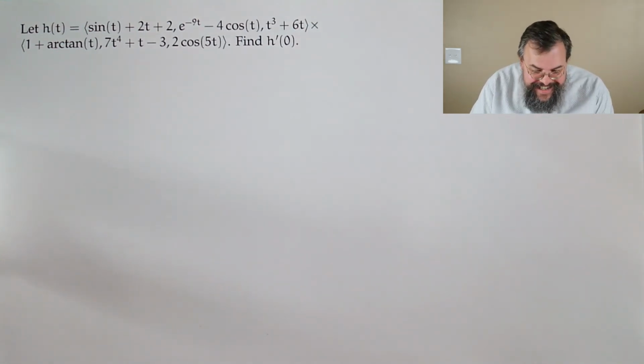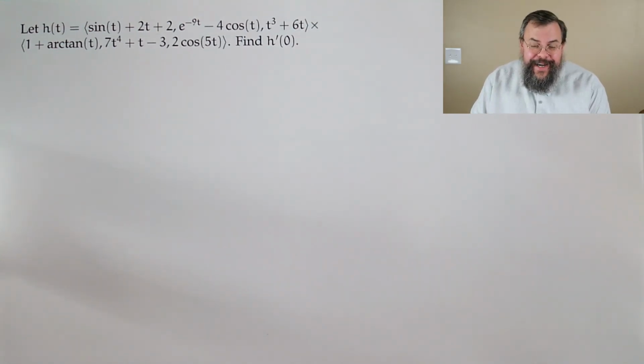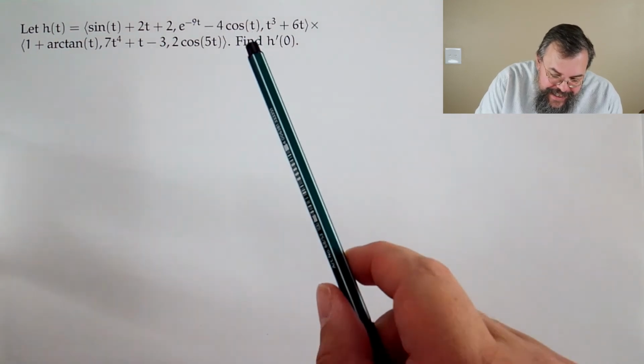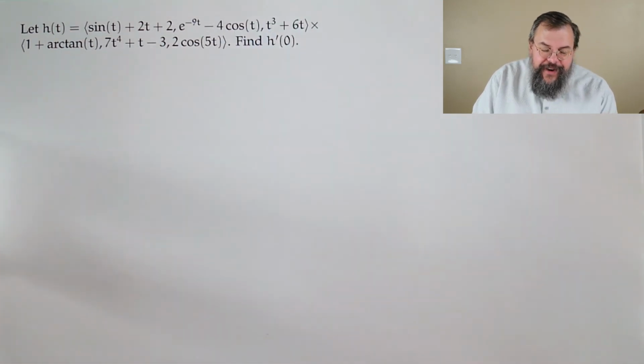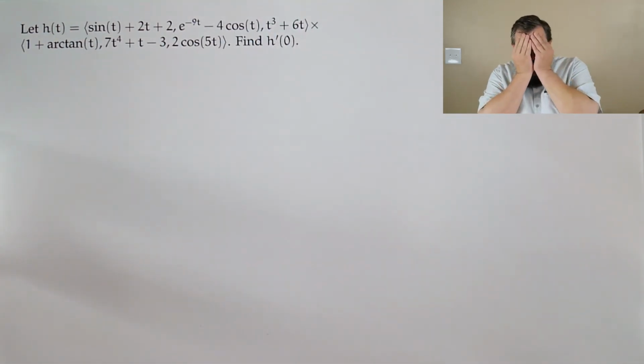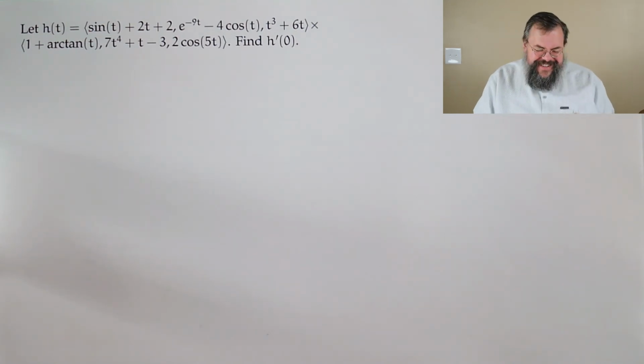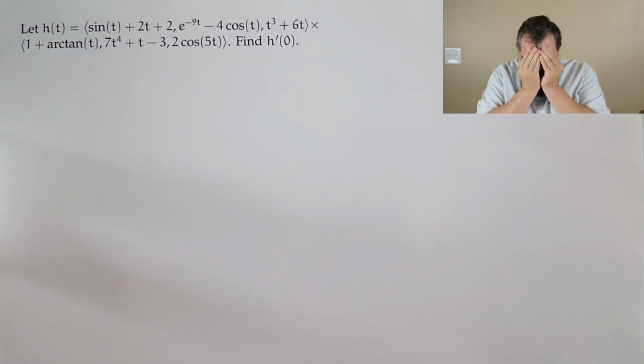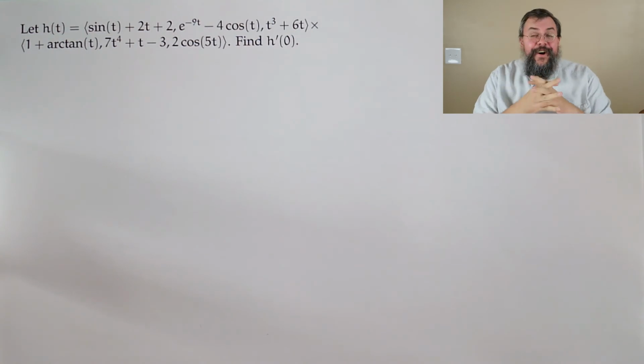Wow. And what do we want to find? We want to find h prime of 0. Oh my gosh. This looks, oh my gosh. We're going to be here for a while. That's all right.